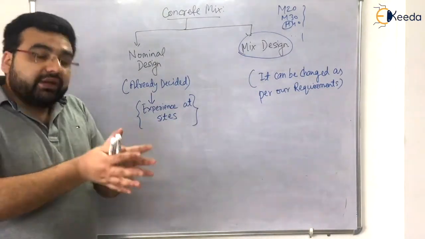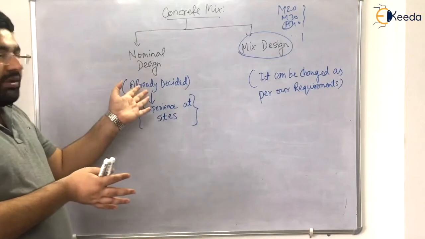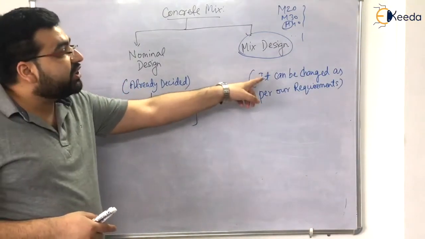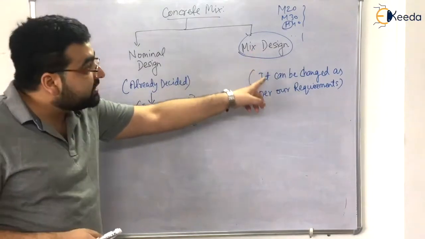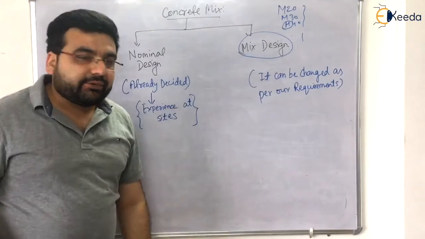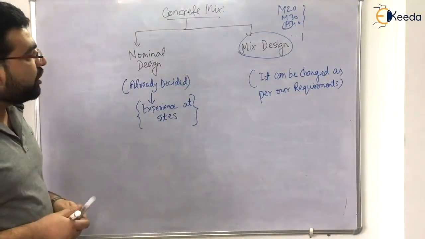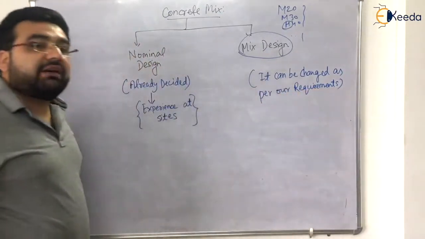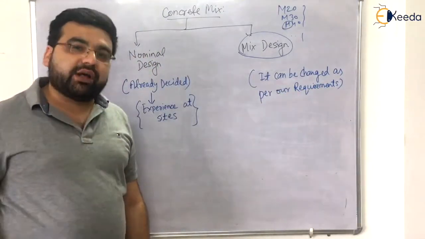The voids should be much smaller as compared to the nominal design, so it depends on you. By changing the ratio of fine aggregates, coarse aggregates and cement, you can design the mixed design of concrete, right? One more important aspect is that it can be changed as per our requirements, okay?